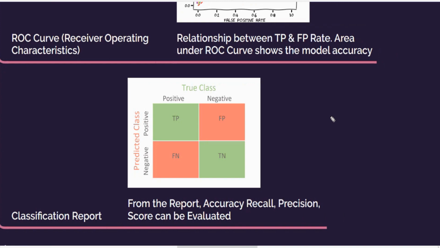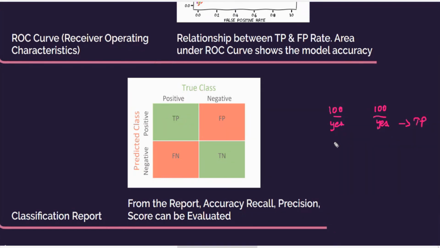True positive means actually 100 members are having cancer, and our model also predicted 100 or so. This we call true positive. So cancer is there in the actual data, and the predicted data also says cancer is there. Then we call that a true positive.